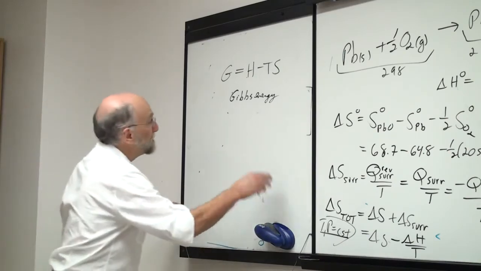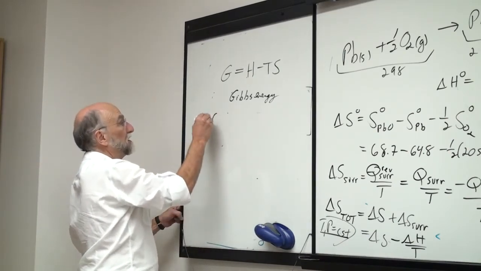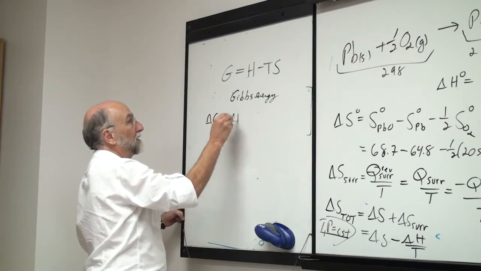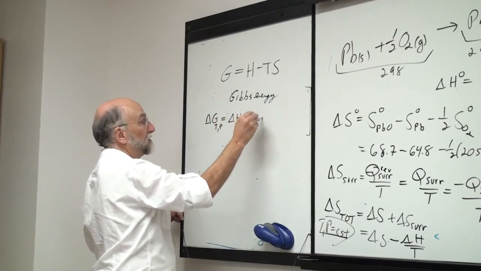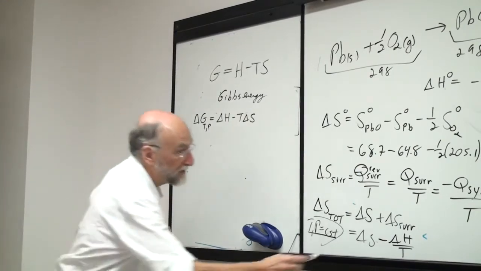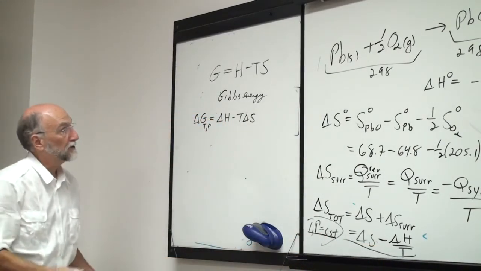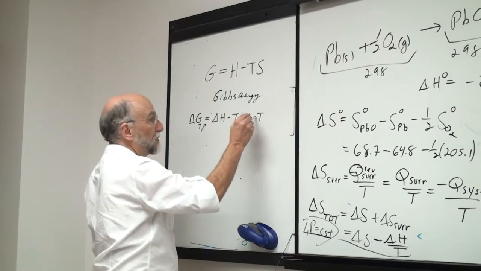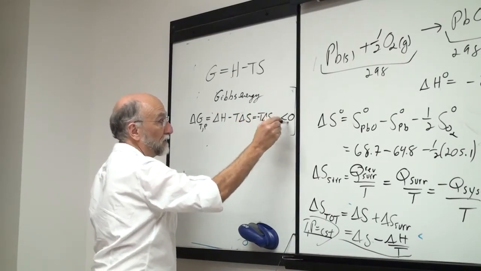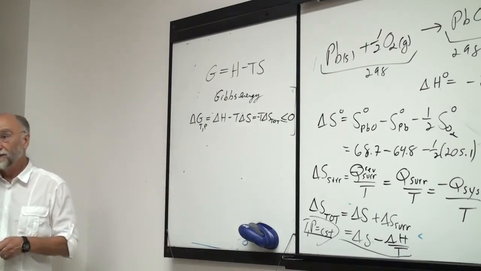Now we clearly see what happens if I take delta G at constant T and P, which is equal to delta H minus T delta S. And if you look down here, at constant T and P, that's equal to minus T delta S total, which is always going to be negative or equal to 0.